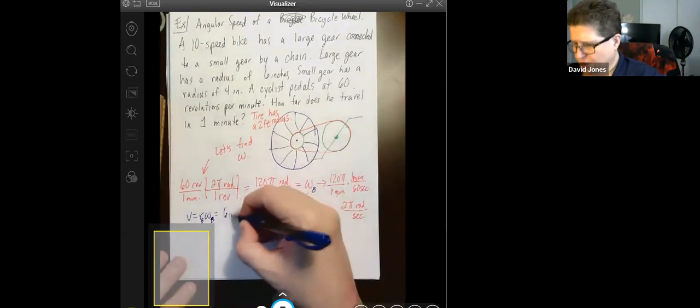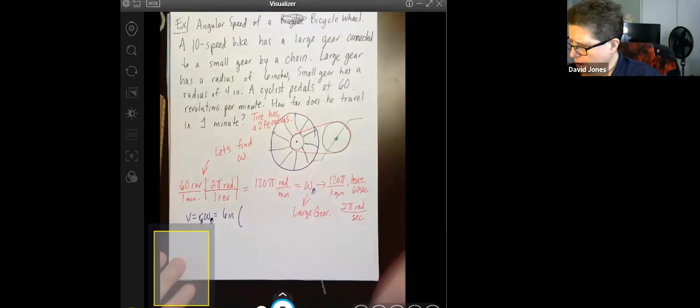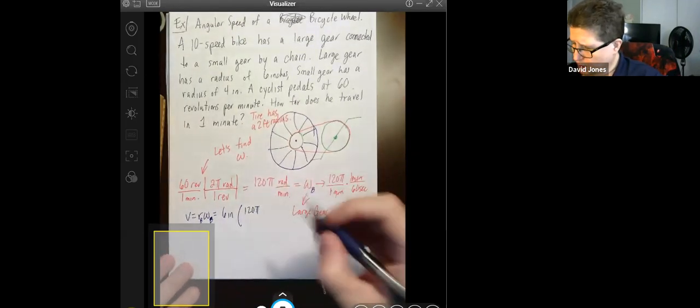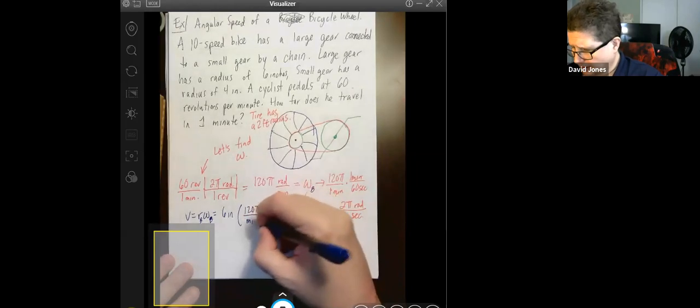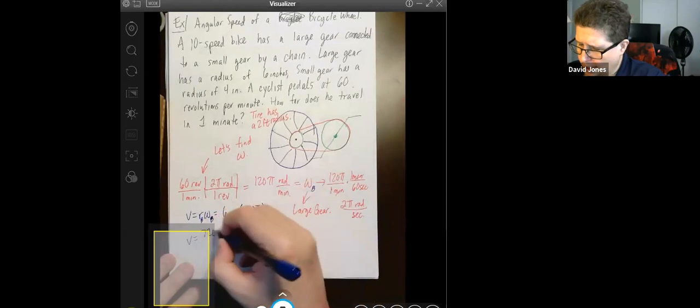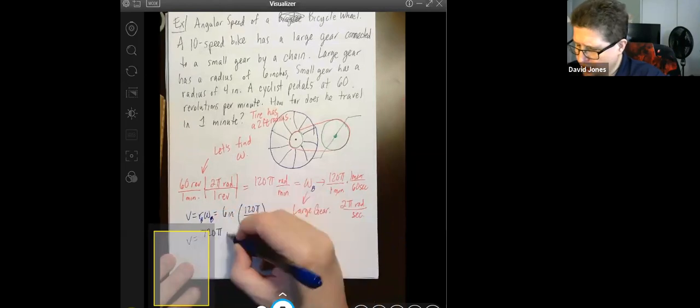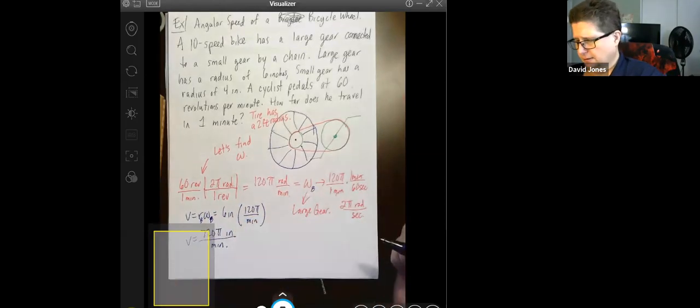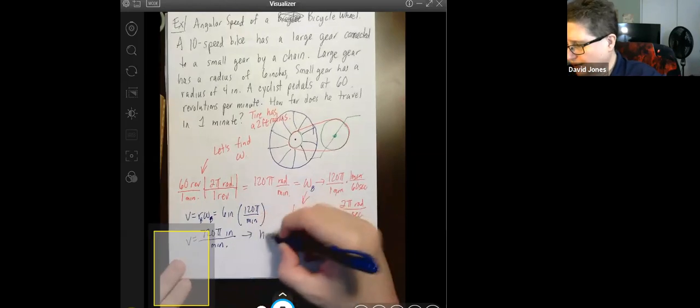We've got 6 inches, and we're going to multiply it by 120 pi radians per minute. And that gives us 720 pi inches per minute. That's how quickly the chain is moving.